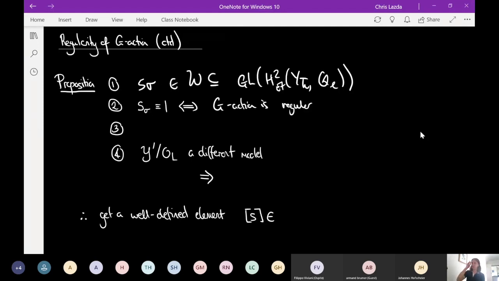So this intuitively makes sense because somehow S sigma was defined by measuring the failure of, or defined using the fact that the Galois action might not be regular, but you do need to do a little bit of work to get this. But anyway, what you can show is that S sigma is identically 1 if and only if the G action is regular. And so the point is that the G action is regular if and only if the model itself descends.